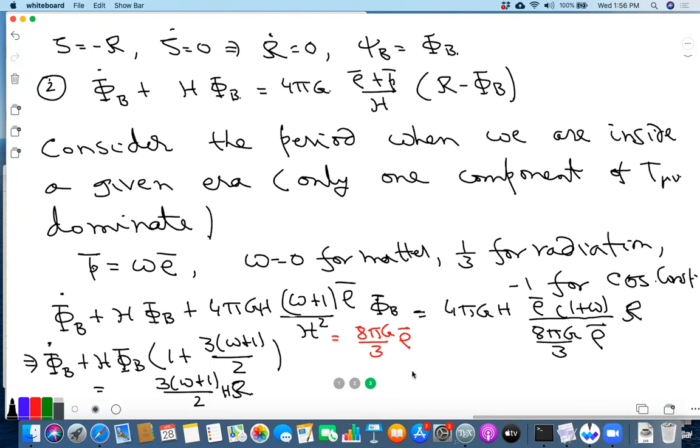So let me write this in a somewhat neat form. Phi b dot plus this one I'll write as (3w plus 5)/2 H phi b equal to 3 times (w plus 1)/2 H r. I'm going to copy this again on the next page because we will solve this.